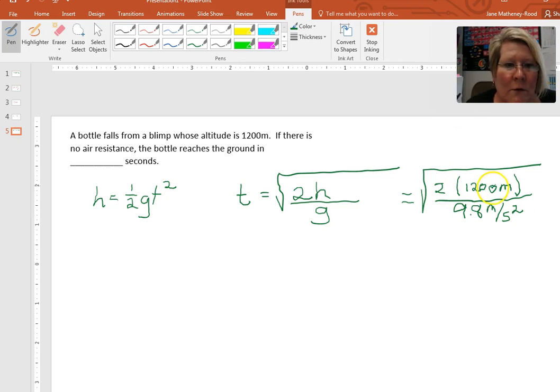When you take 2 times 1,200, divide it by 9.8, and take the square root of all of that, we get 15.65 seconds. That is how long it will take to reach the ground. We could just round it up to 16 seconds.